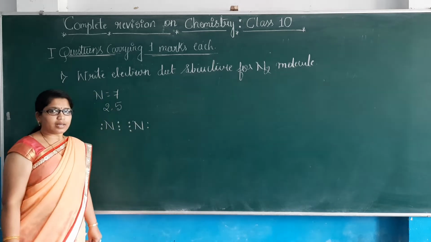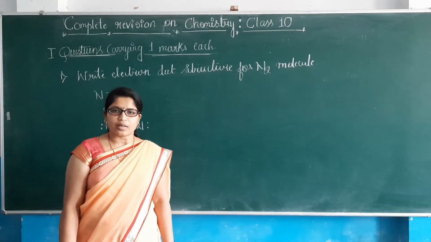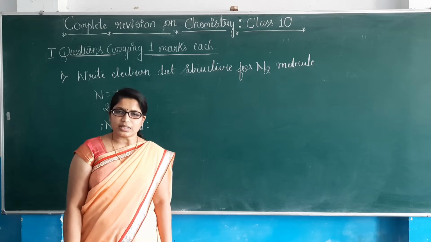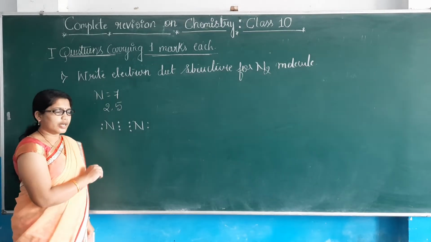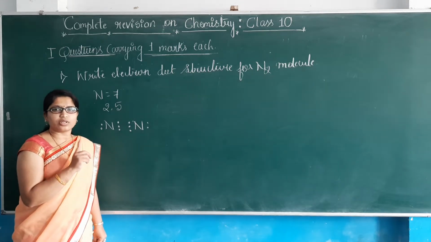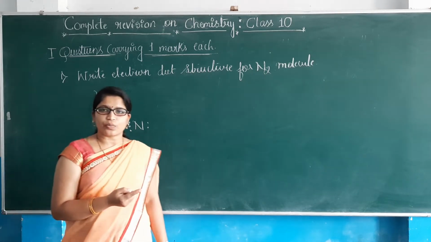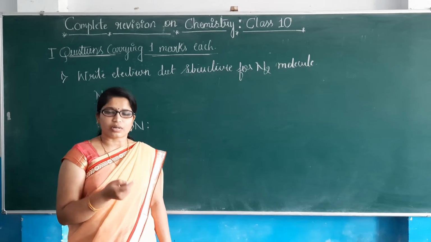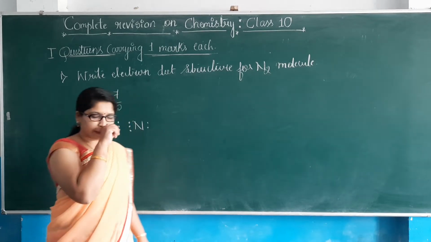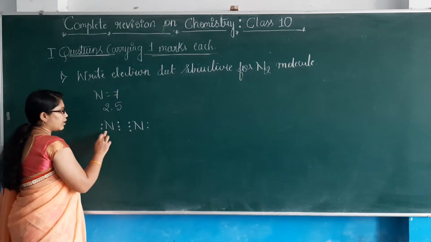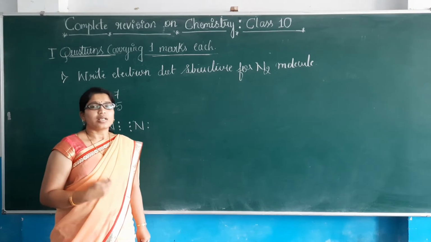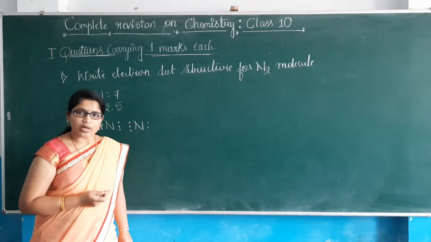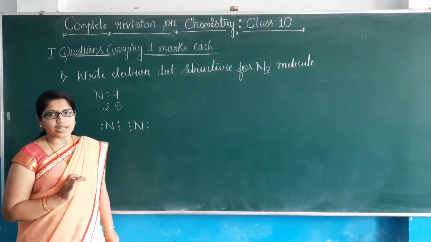Now it is mandatory that we see whether the valency is satisfied by both the atoms of this molecule. There must be 8 electrons present; that is generally called an octet. The octet must be complete. So you can see here there are 5 electrons present for each nitrogen atom. How many more electrons are needed to complete the octet? Definitely 3 electrons are needed.